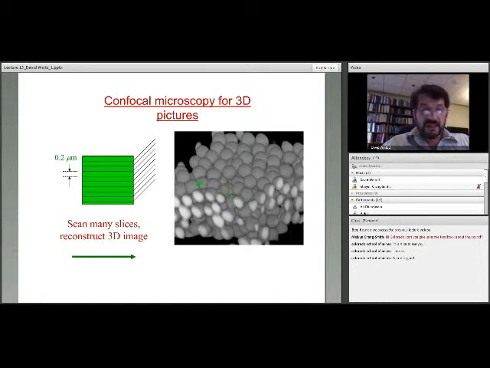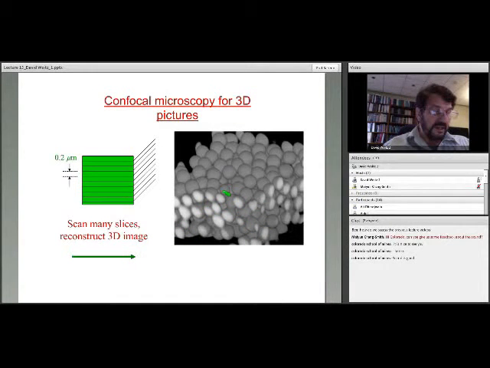But this image is made up by taking a series of slices or 2-dimensional scans. In this case, it's a point scanning microscope. So each of the scans is made up of a scan in 2 dimensions, and then the slices are put together and reconstructed into a 3-dimensional image.